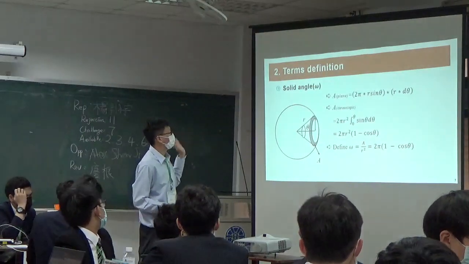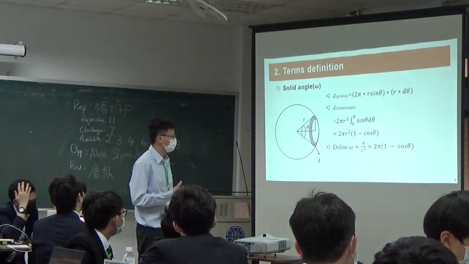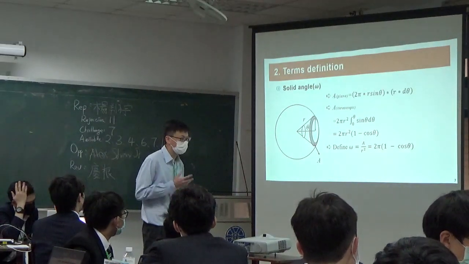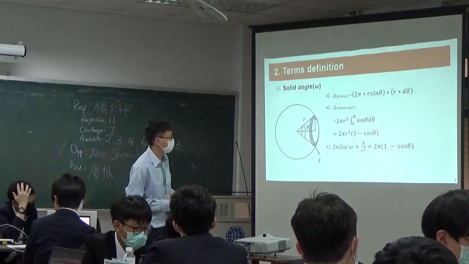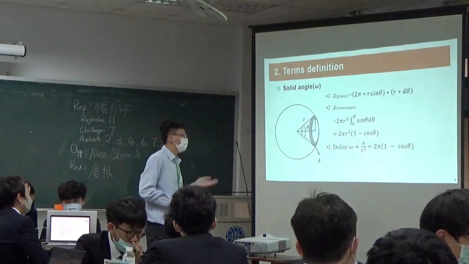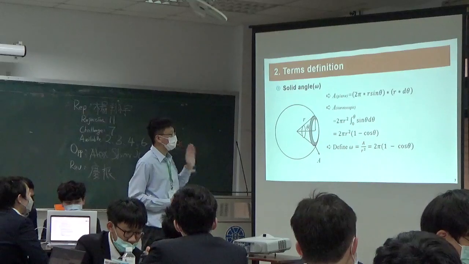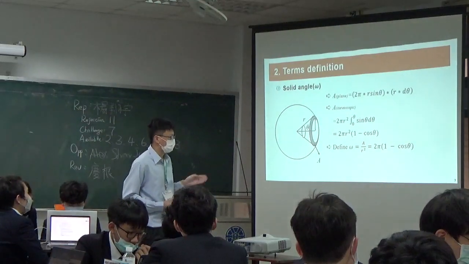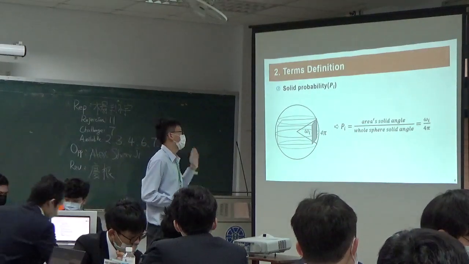And we're going to define what is solid angle. A solid angle is like if we have a surface on a sphere and we want to know how big the surface is compared to the whole surface area. So we can use an integral to get the area we want to know. And so we define the solid angle omega as A divided by R squared. And this is solid angle probability.